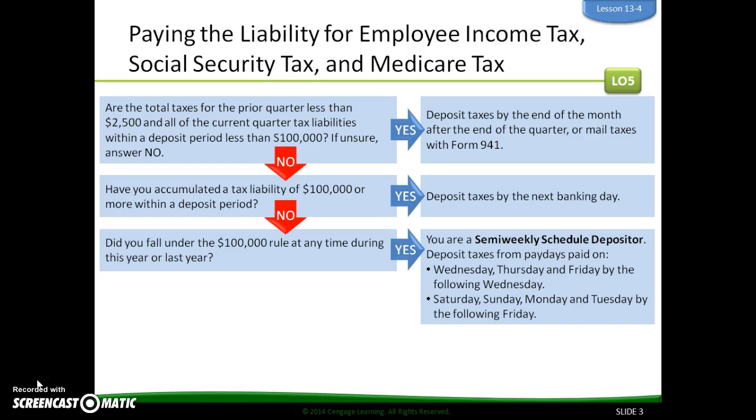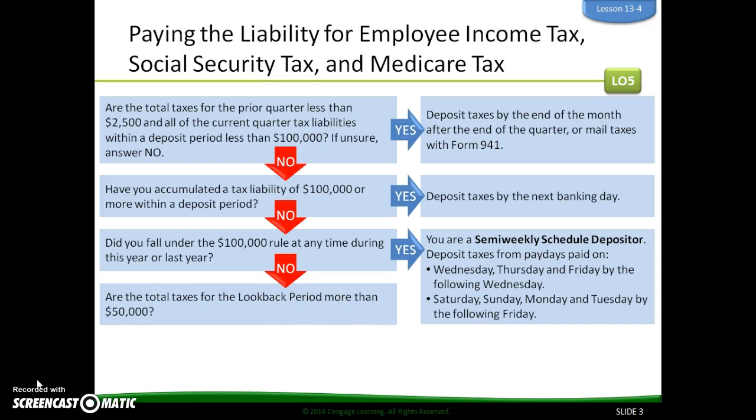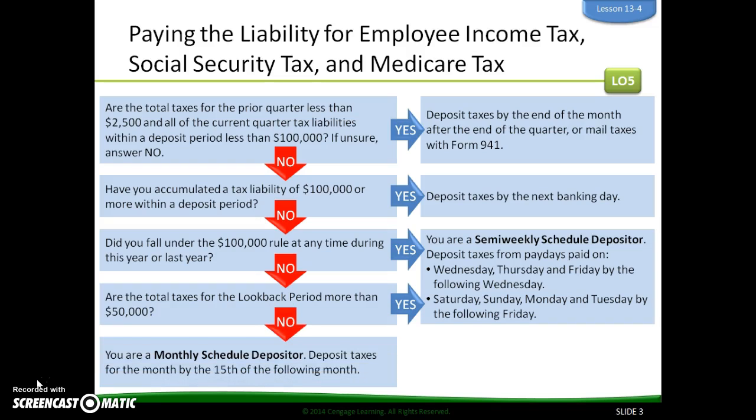If your payday is Saturday, Sunday, Monday, or Tuesday, then you need to pay by the following Friday. If the answer is no, and the total taxes for the look-back period are more than $50,000, you are again a semi-weekly depositor. If the answer is no, you're a monthly depositor, and you would deposit taxes for the month by the 15th of the following month.